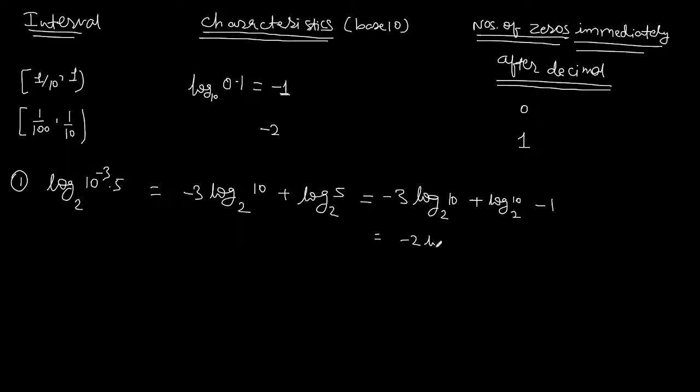This is minus 2 log 10 base 2 minus 1. It is 3 point something. It is 6 point something minus 1, which is minus 7 point something.